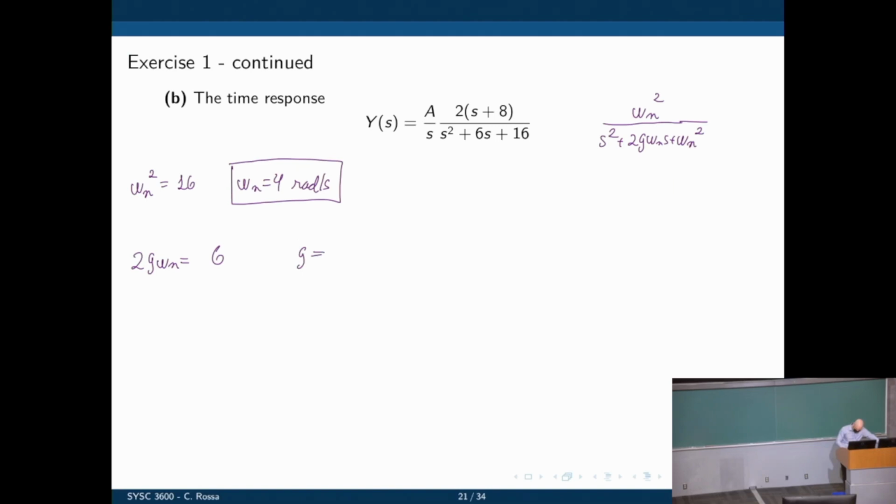Zeta is 6 divided by 2 times 4, and this is 3 over 4. Okay, so this is smaller than 1. As this is smaller than 1, the system is underdamped.